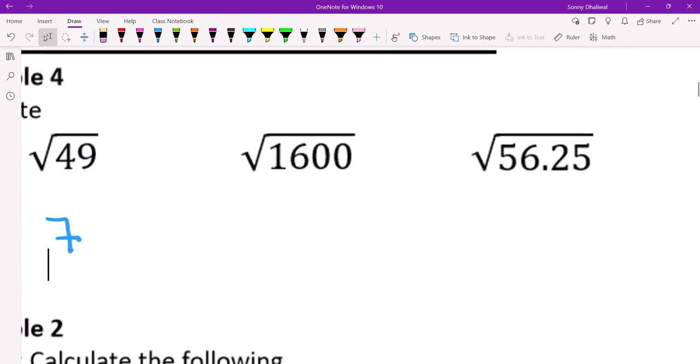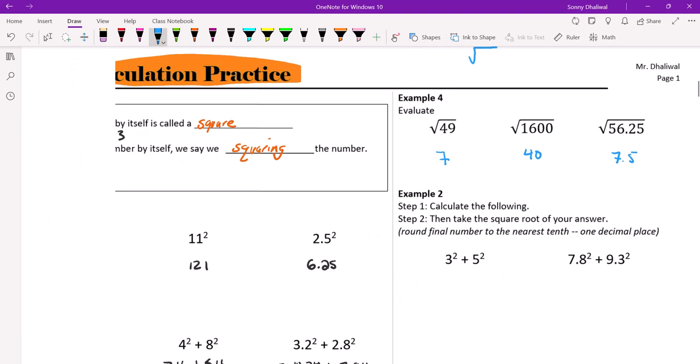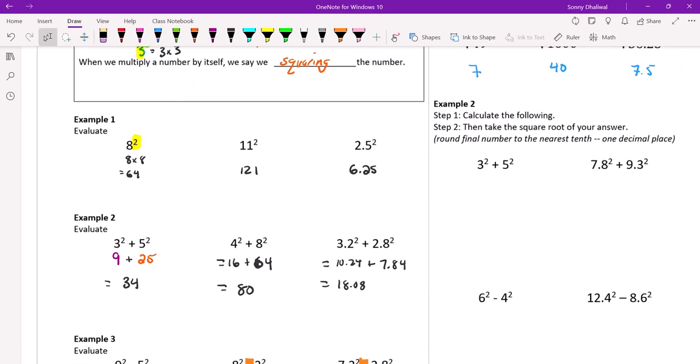Okay, for this one, when you do the square root of 1600, what number did you guys come up with? 40, that's right. Square root of 56.25, what do we get? 7.5, thank you. Okay, so now, the hardest these calculations are going to get is we're going to combine the left side of this page with the right side of this page.